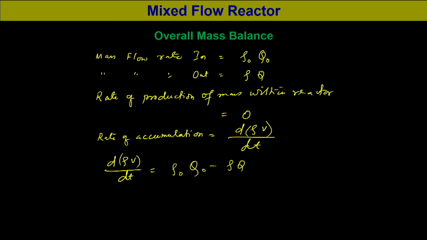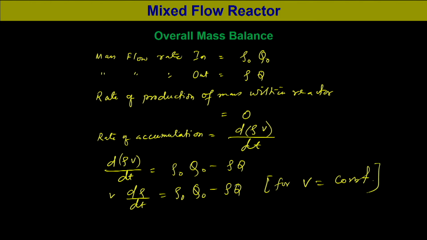Now, if the reactor volume is constant, we can take V outside. So, we can write V d rho dt is equal to rho naught Q naught minus rho Q, that is for V equal to constant.